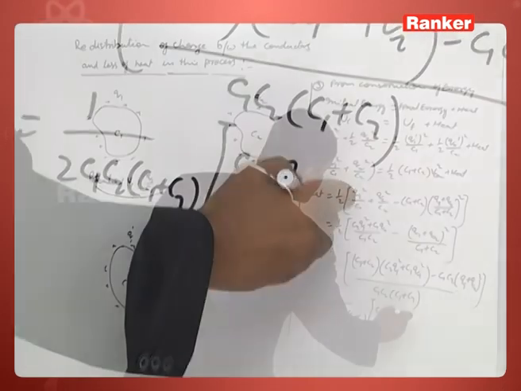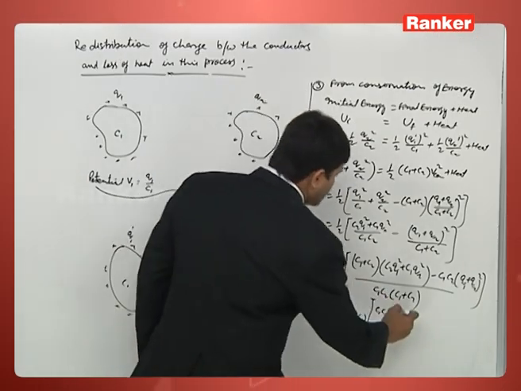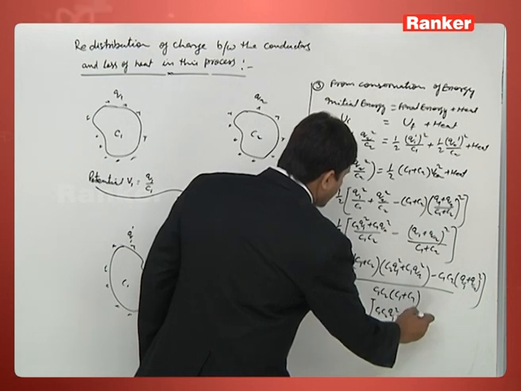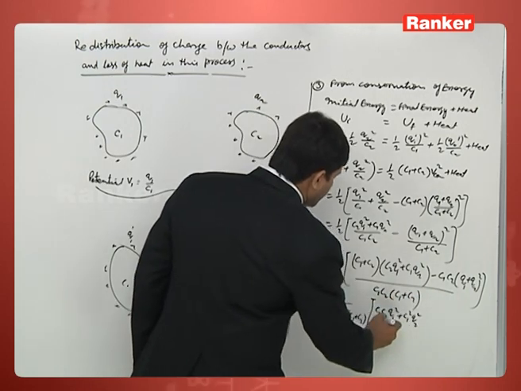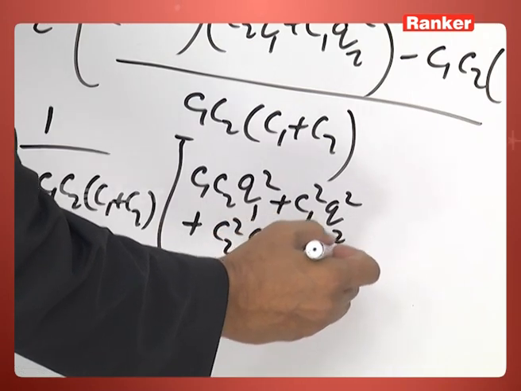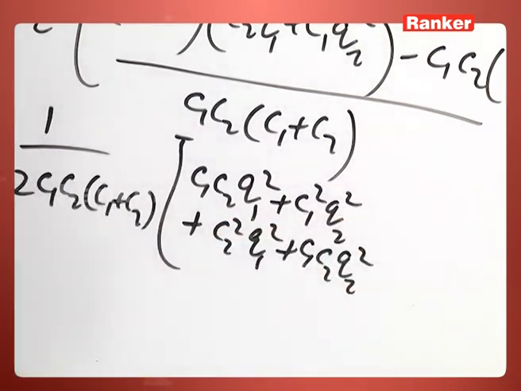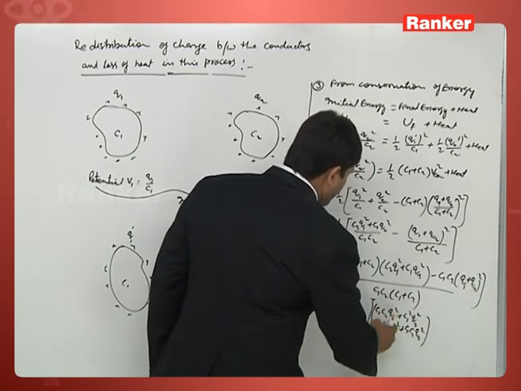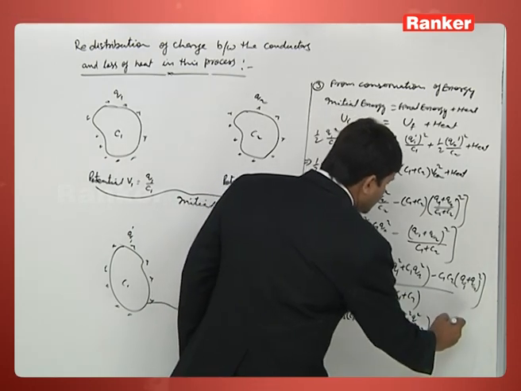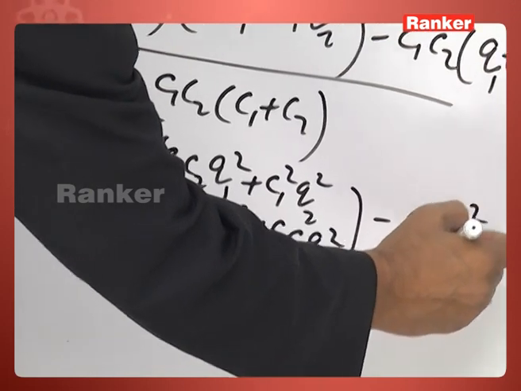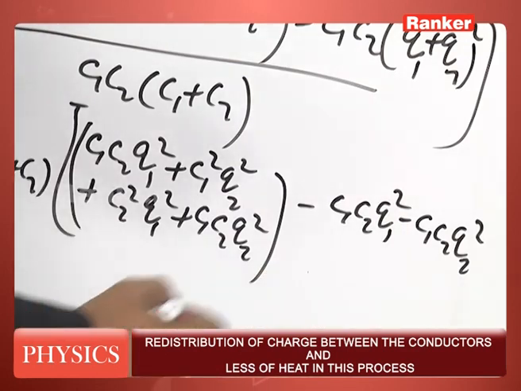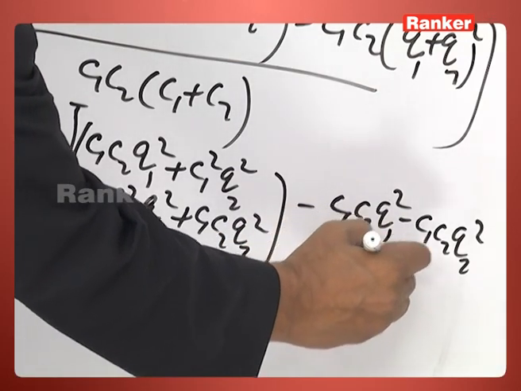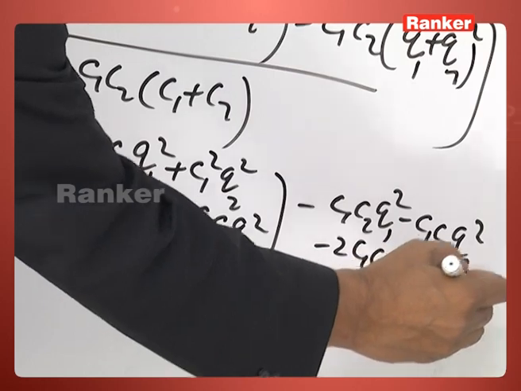Simplifying this one: C1 C2 Q1 square plus C1 square Q2 square, similarly plus C2 square Q1 square plus C1 C2 Q2 square, minus C1 C2 Q1 square, C1 C2 Q2 square, minus 2 C1 C2 Q1 Q2.